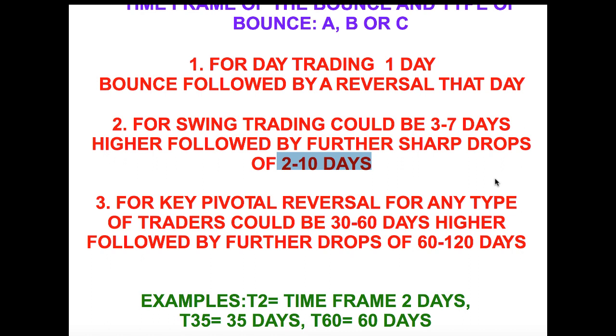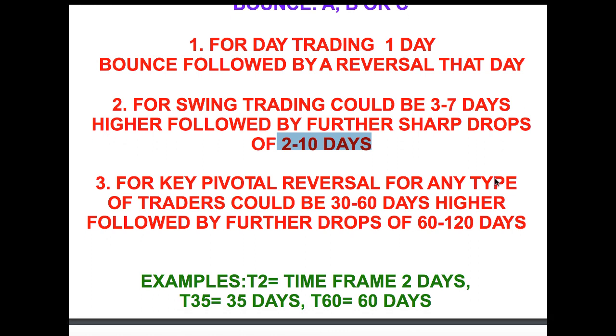Number 3 is the longer time frames that have to do with the overall major reversals in the markets. They could be highly useful for both day traders and swing traders and even longer term investors, because even if you're investing long term, it's important to understand when is the better entry, because ultimately that is what makes you the money.